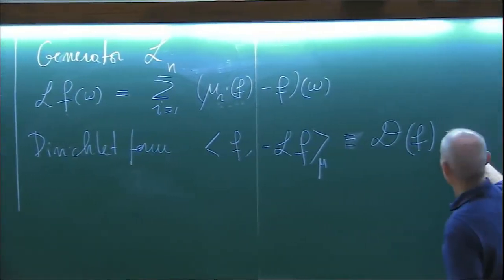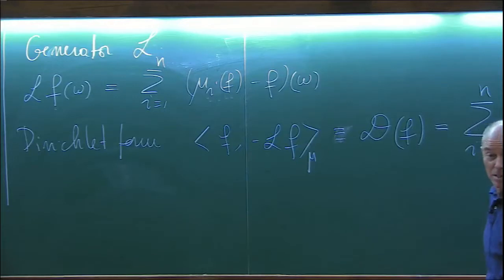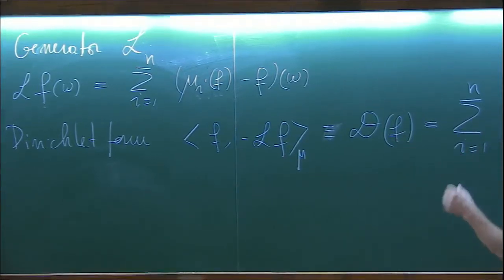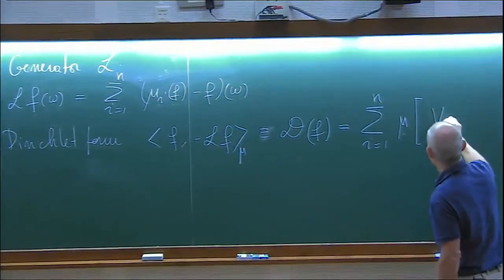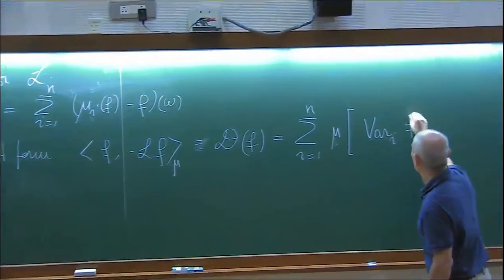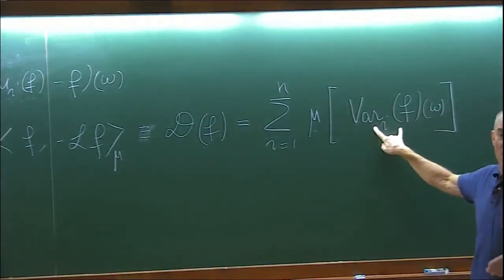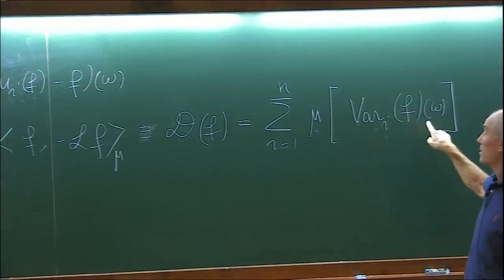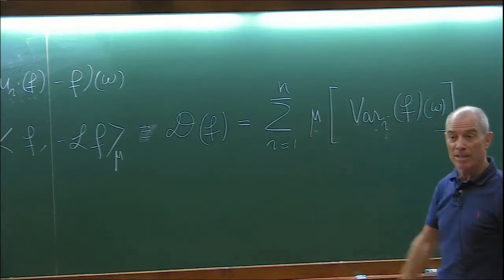For this particular chain, the Glauber chain, it takes the form of the sum over I from 1 to n of the average, where I use the notation mu of something for the average of that something, of the variance with respect only to the coordinate I of f. Of course, this quantity does not depend on the coordinate I, but depends on all the other coordinates, and over all the other coordinates I must average.